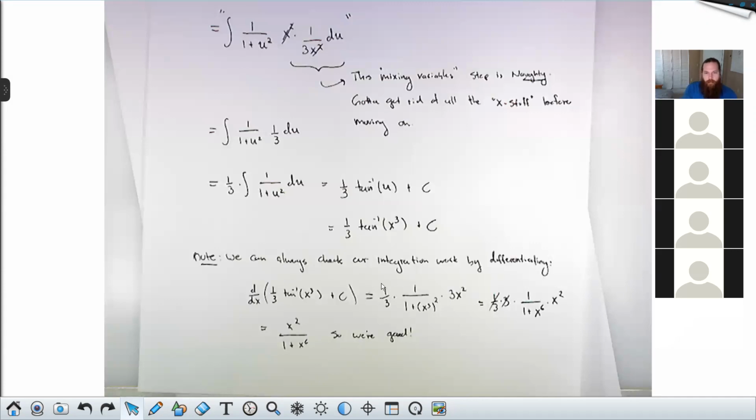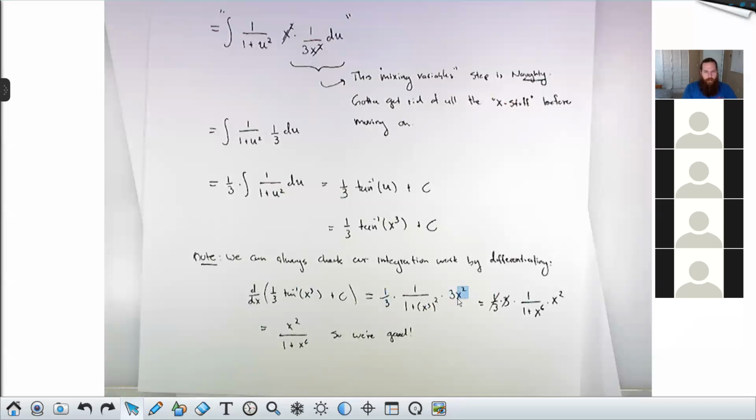So I left the 1/3 out front alone. I differentiate arctan of stuff to 1 over 1 plus that stuff squared. And then I multiply by the derivative of the inside stuff according to the chain rule, and the derivative of x cubed is 3x squared. Then in this line, I shuffled the 3 out front with the 1/3 because these are all being multiplied. I can do that in whatever order I want.